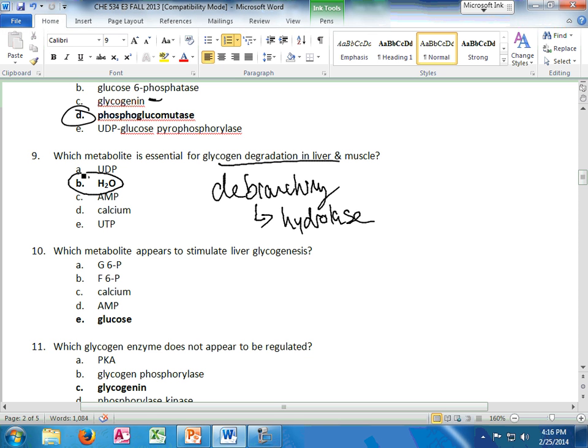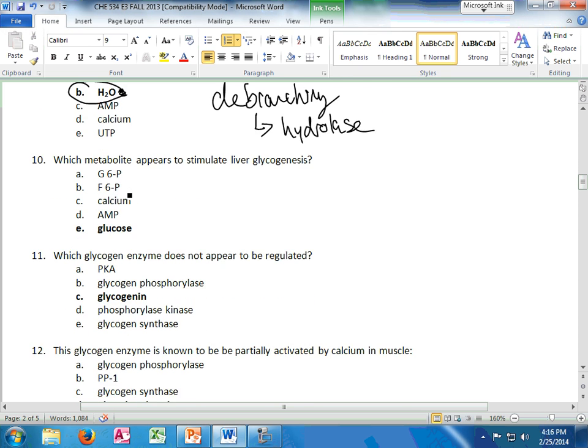So when people talk about losing water weight, they're burning up their glycogen stores, and they're using all of this water and getting rid of it. So that's why, like a low-carb diet, you lose a lot of water weight because of this debranching enzyme. All that water stores, you're burning up all your glycogen. Just kind of a side note, if it helps you apply it at all. If I confused you, just forget what I just said.